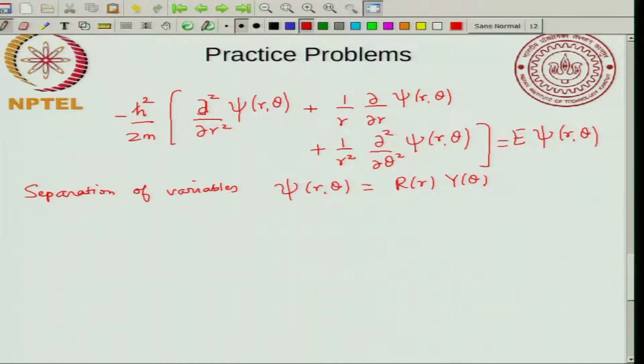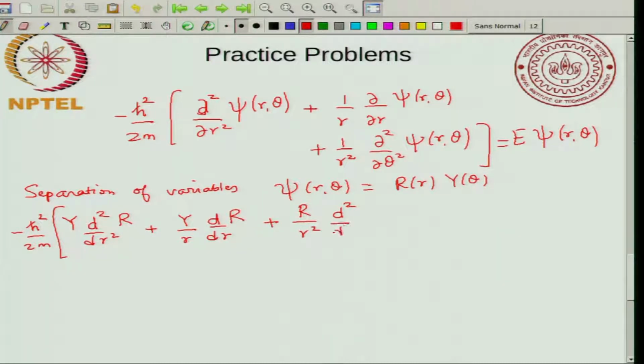Now, when I substitute in this, what I will get is minus h cross square by 2m times d square R by d r square times Y, plus Y by r d R by d r, plus R by r square d square Y by d theta square.